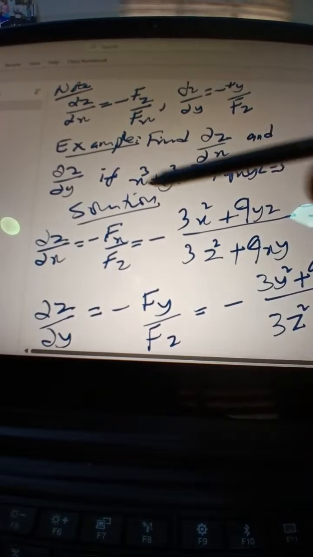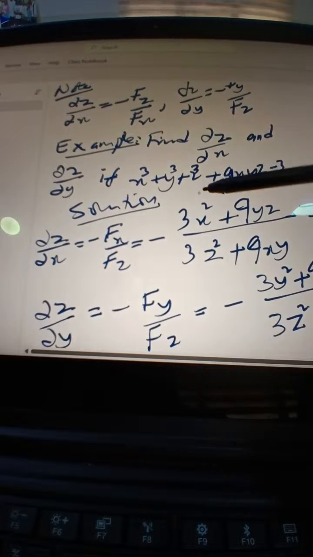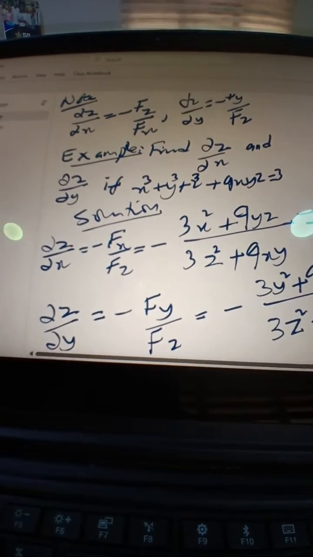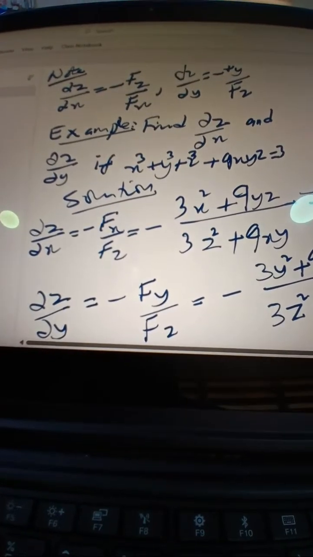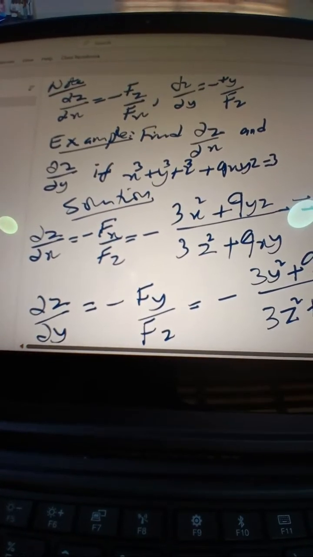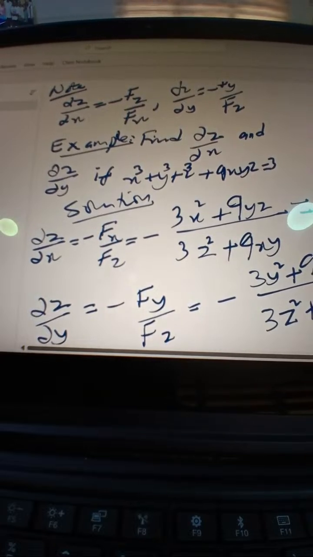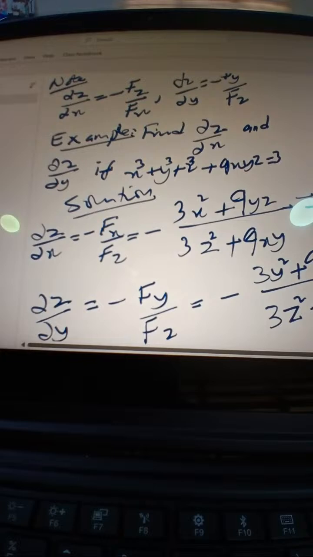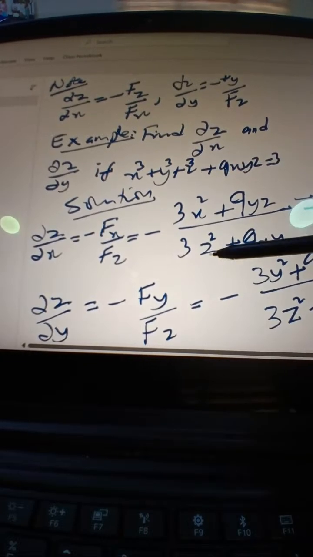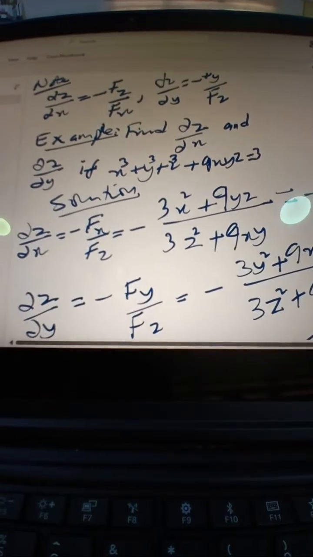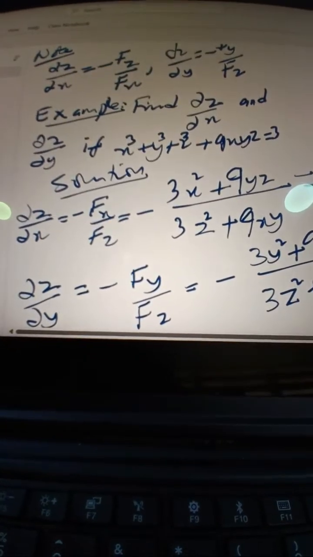This goes to 0, and then for the 9xyz, we get 9yz, because when we differentiate the x, we get 1. That gives us the numerator. For the denominator, we differentiate with respect to z, so we get 3z squared, and then over here we get 9xy.